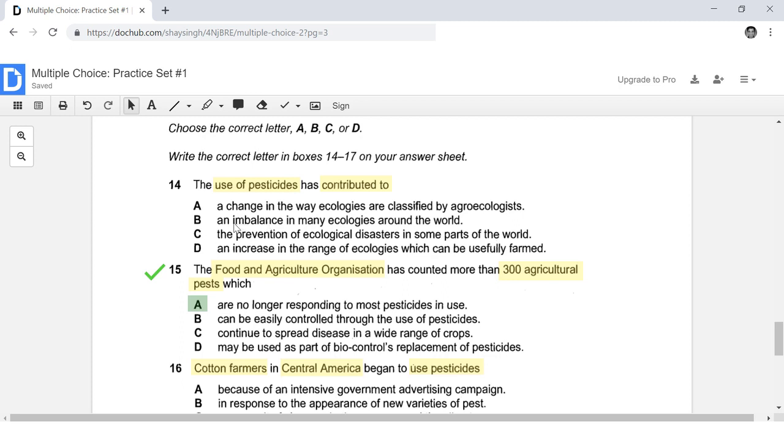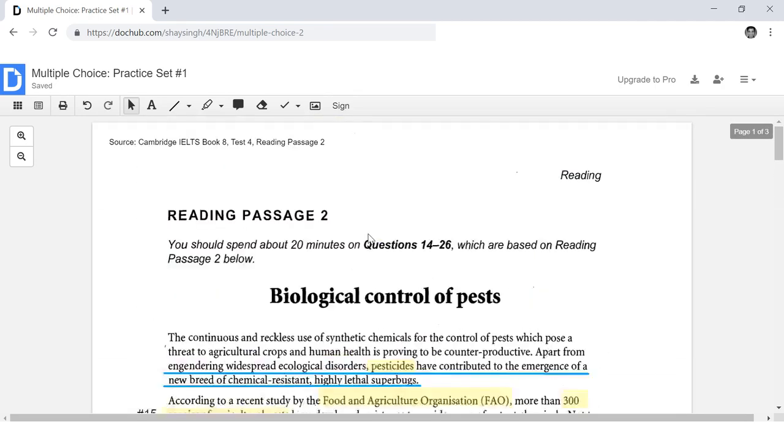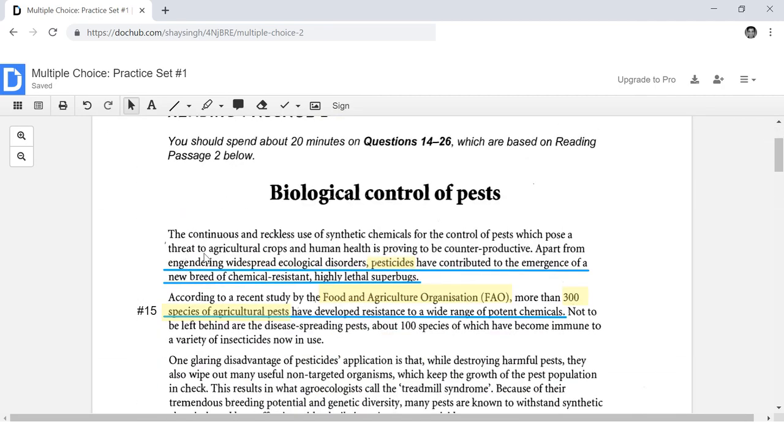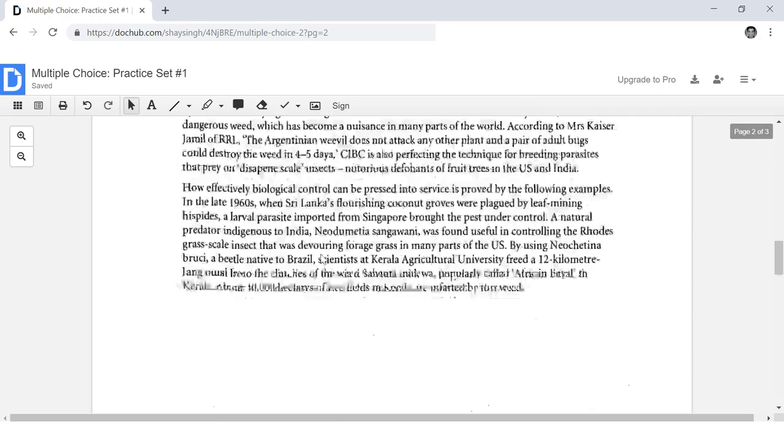So it might be B, but let's keep reading on. C says the prevention of ecological disasters in some parts of the world. No, pesticides have not contributed to the prevention of ecological disasters. On the other hand, it's saying the contrary. It's saying that here in the reading, pesticides have given rise to new ecological disorders. Okay?